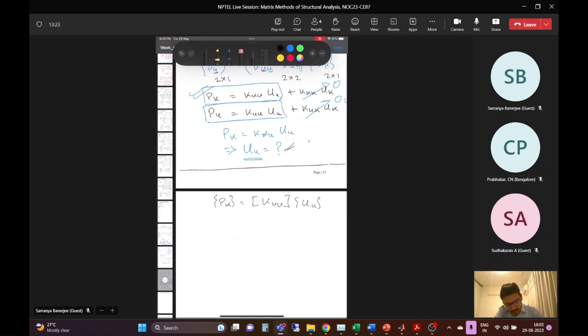Writing down the values, it would be 0, 0, minus 3, minus 3, and AE. Now there is a big matrix here, I'll try to fit it in over here.